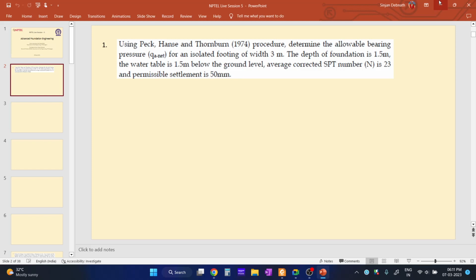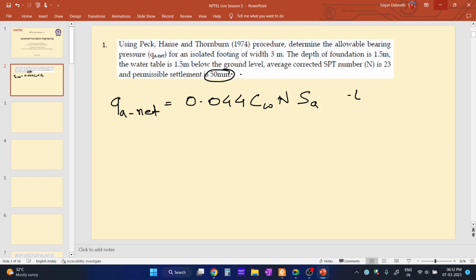Let me write down the formula. qa net is equal to 0.044 Cw N Sa, where Cw is the correction for the water table, N is the SPT value, and Sa is the permissible settlement, which is 50 millimeter. The unit of this will be ton per meter square.